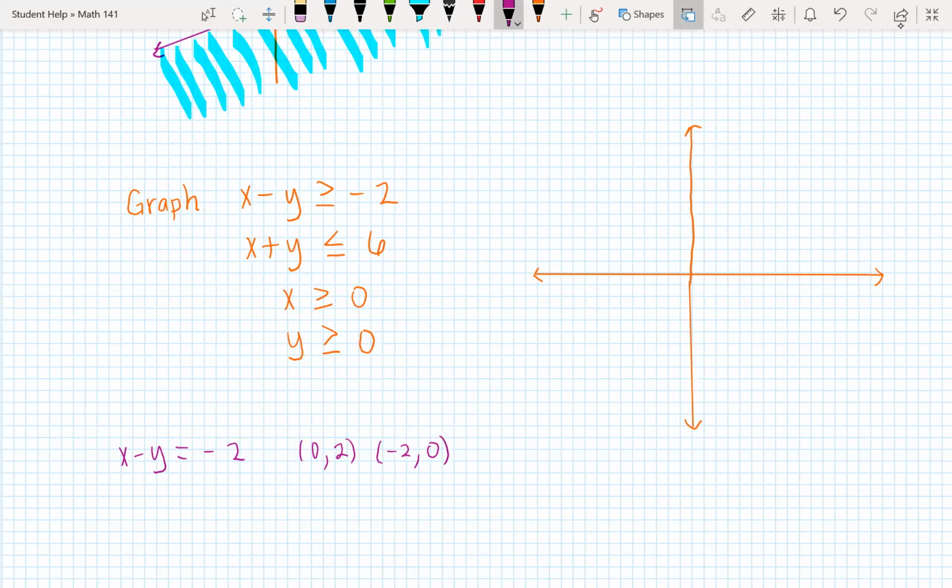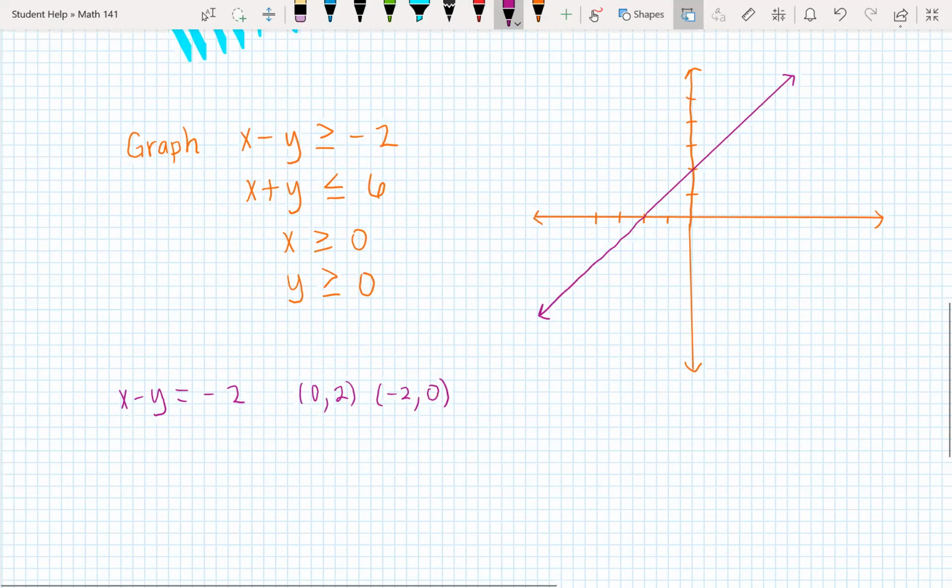So that first line is going to be here, like that.